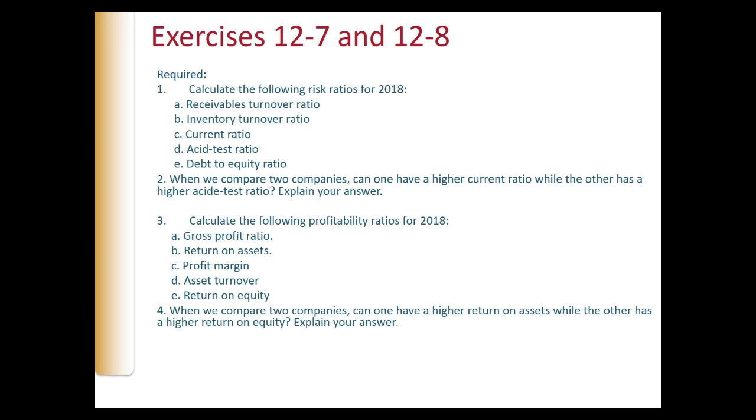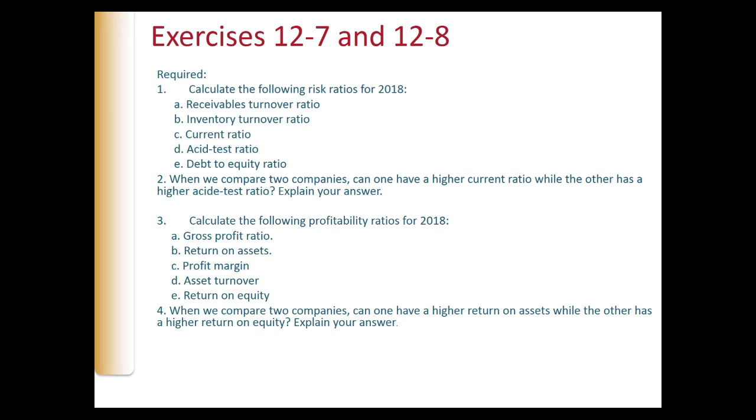We're going to calculate the receivables turnover ratio, inventory turnover ratio, the current ratio, the acid test ratio, the debt to equity ratio. When you compare the companies, can one have a higher current ratio while the other has a higher acid test ratio?